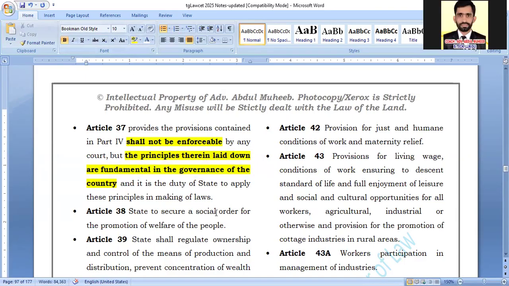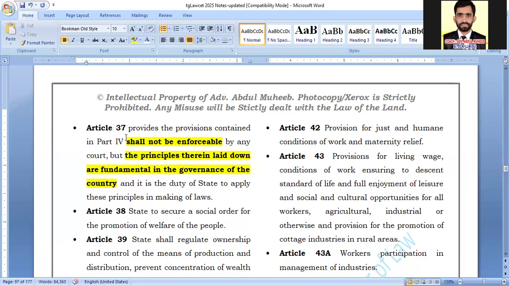They will ask which of the following is fundamental in the governance of the country: Preamble, DPSP, fundamental rights, fundamental duties? These DPSPs are fundamental, meaning whenever the government is making policy, it should take this DPSP into consideration.